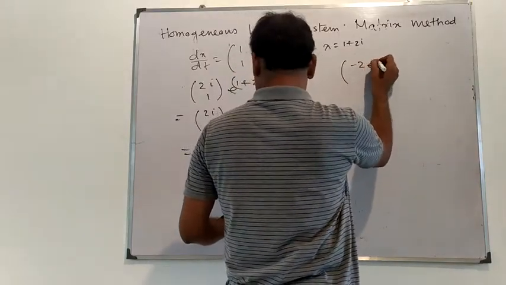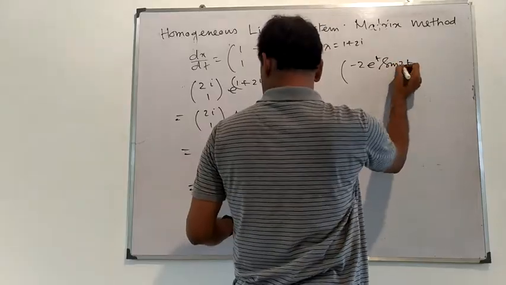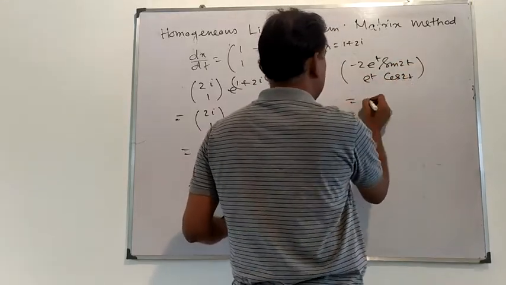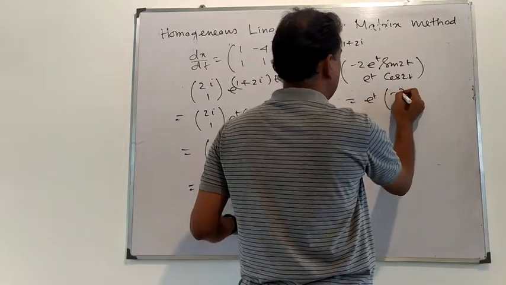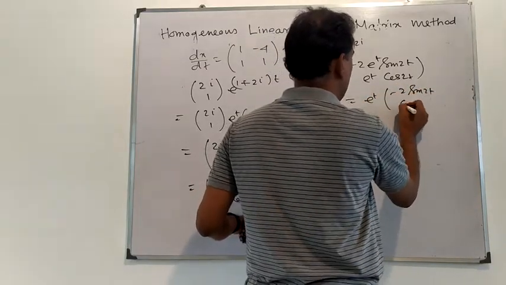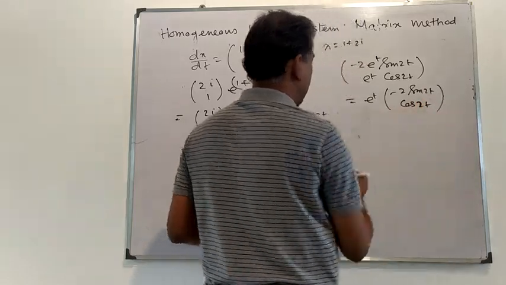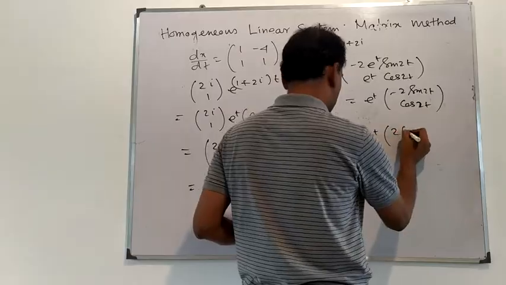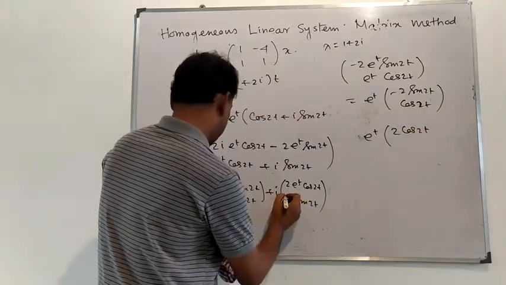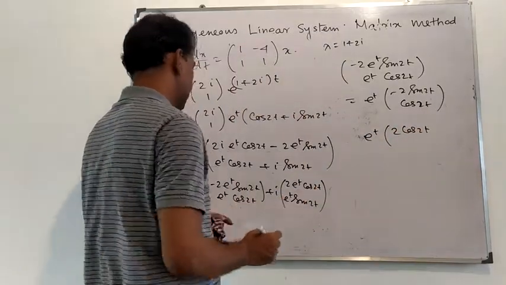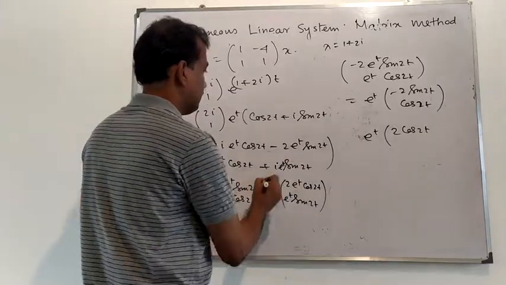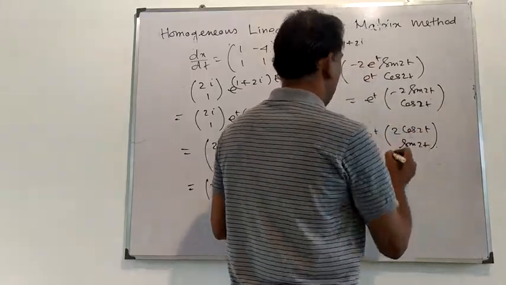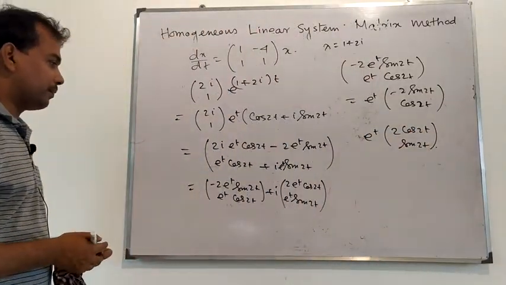e to the power t into minus 2 sin 2t, cos 2t, and e to the power t into 2 cos 2t, sin 2t, as two linearly independent solutions.